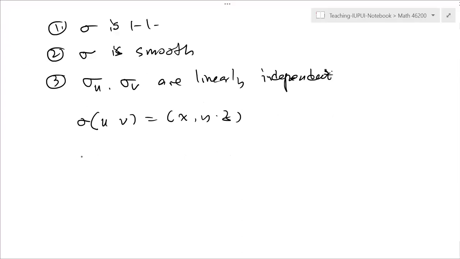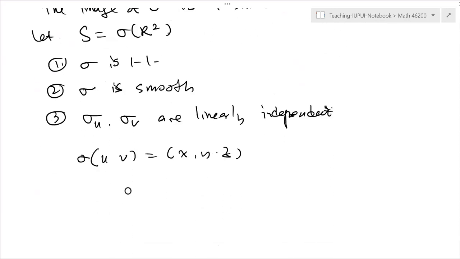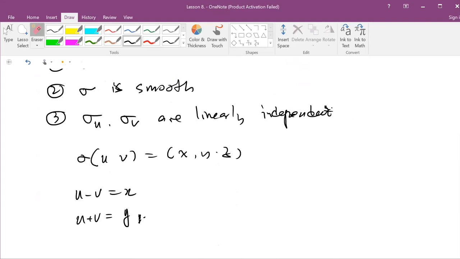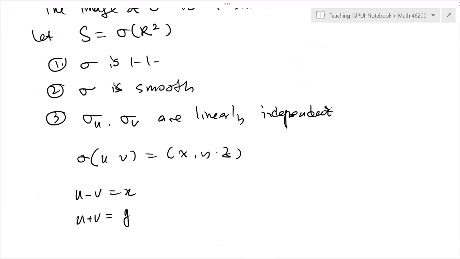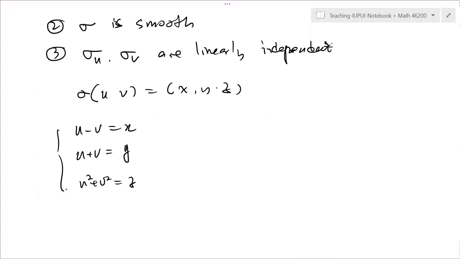So here what do we get? By definition of sigma, U minus V equals X, U plus V equals Y. And U squared plus V squared should equal Z. Okay, so Z is related to U, V, right?